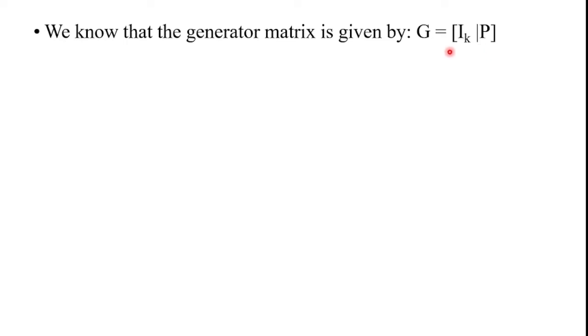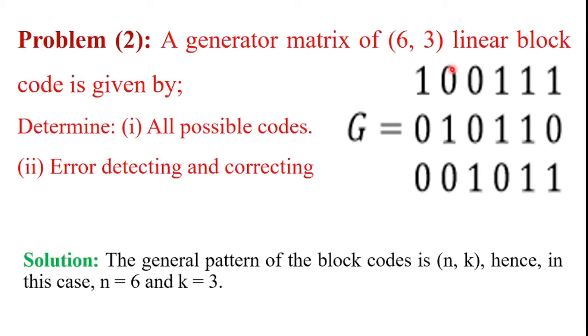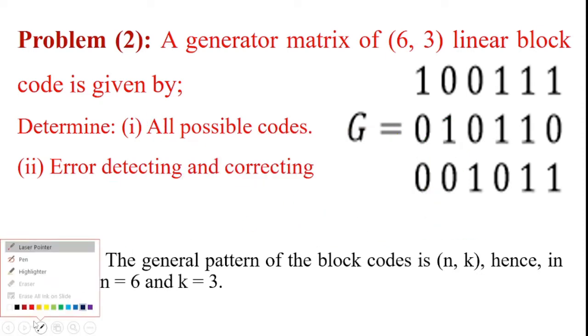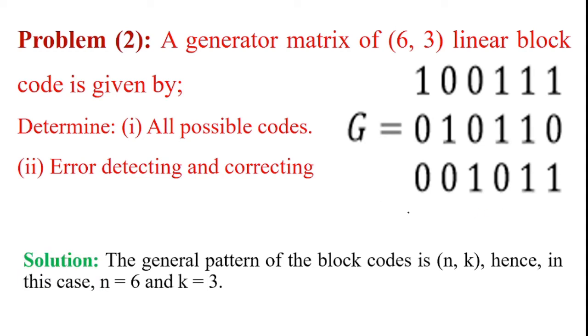Comparing the standard representation with the given generator matrix, we first identify the identity matrix and the quotient matrix P. The identity matrix is 1 0 0, 0 1 0, 0 0 1, and this is the quotient matrix.